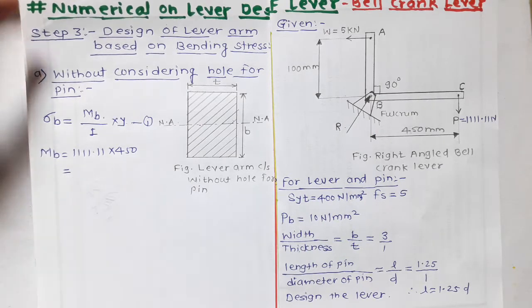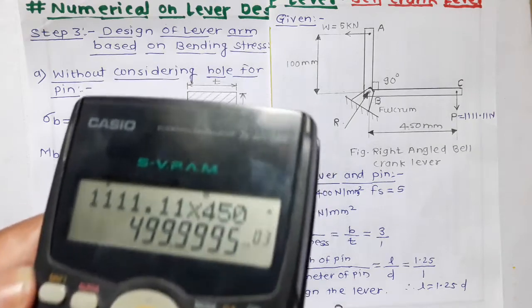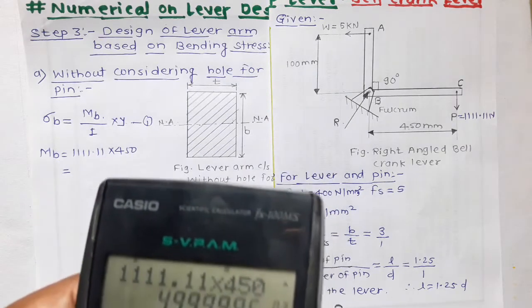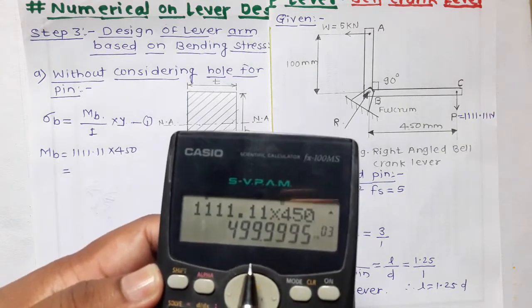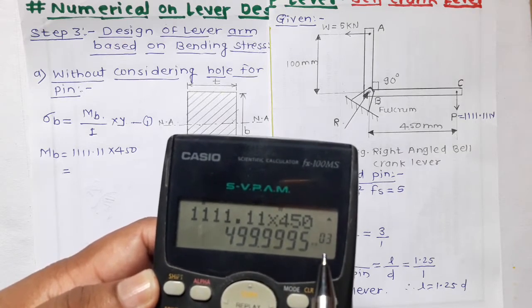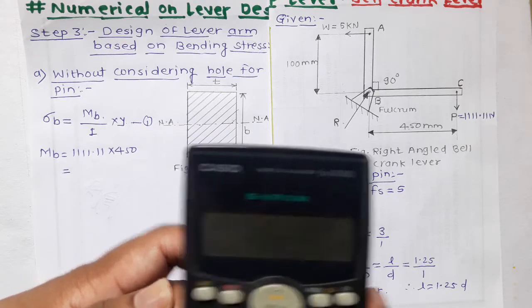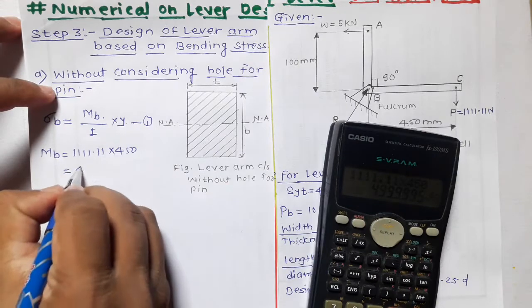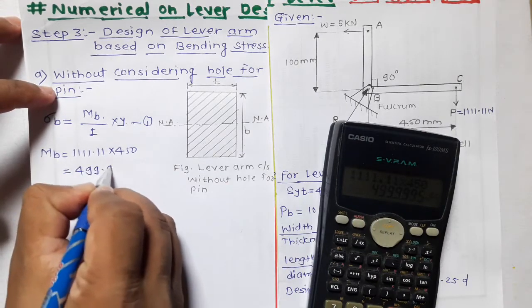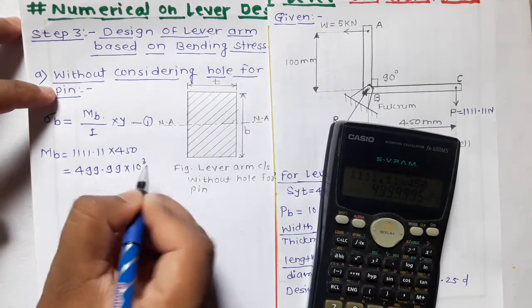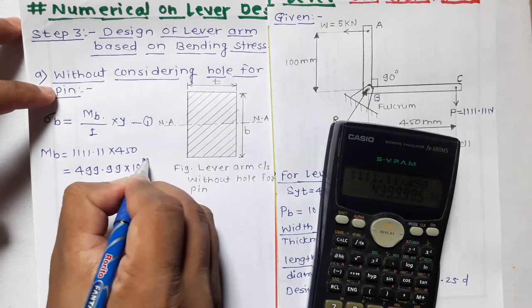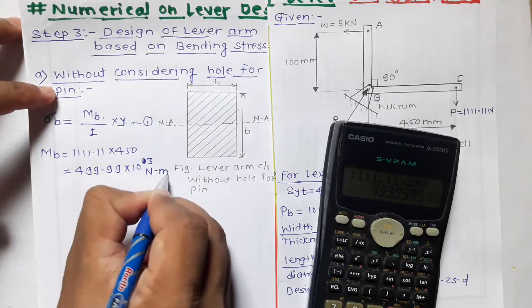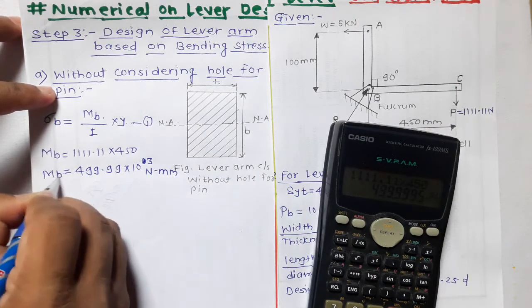If you calculate this, you will get the answer of this maximum bending moment as 499.99 into 10 raised to 3. So let us write this value. Its unit is Newton mm. So this is the maximum bending moment.